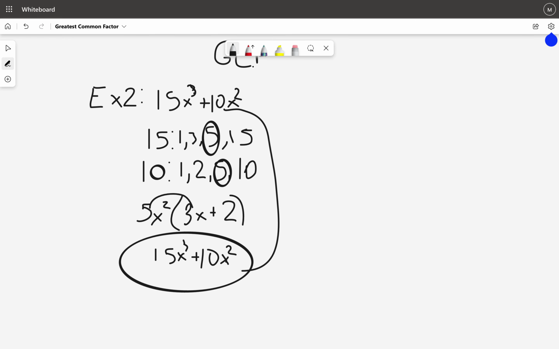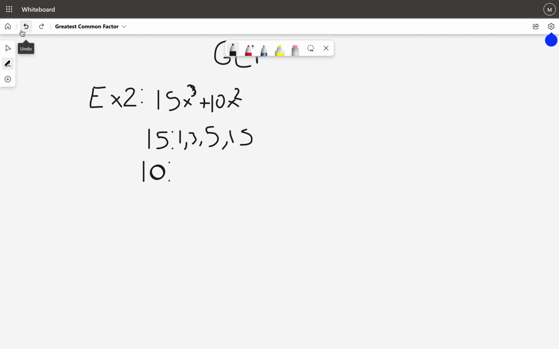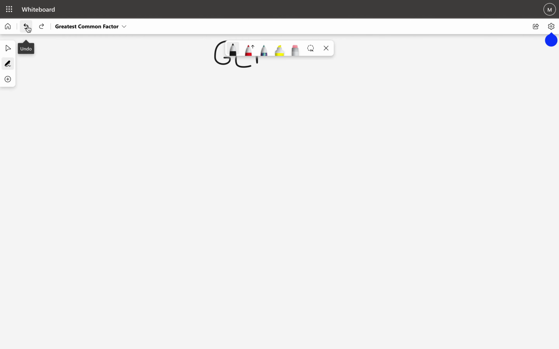Now I'm going to write the steps of what you have to do in order to find the right answer. I know this is taking long, but this is how I had to erase it. So the steps.